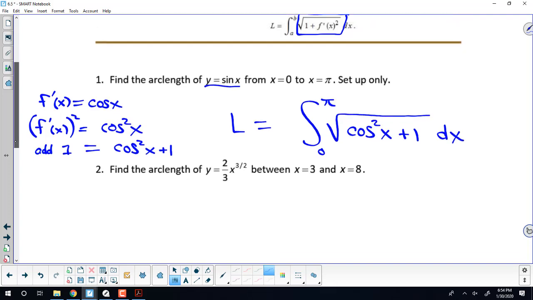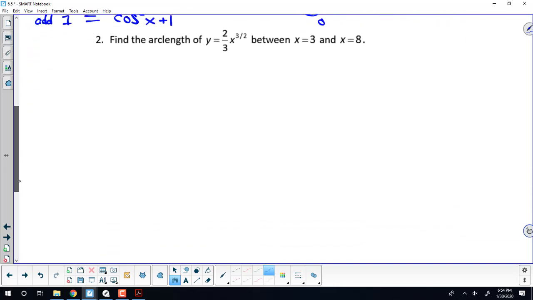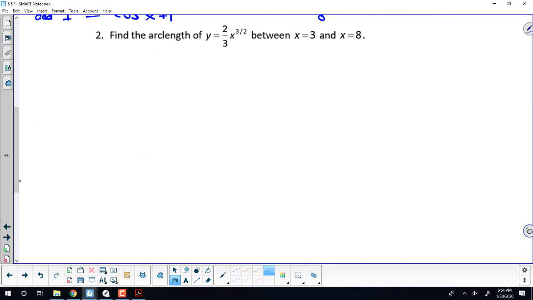Okay, so for instance, find the arc length of 2/3 x to the 3/2 from 3 to 8. So we're going to find the derivative first. What's the derivative here?